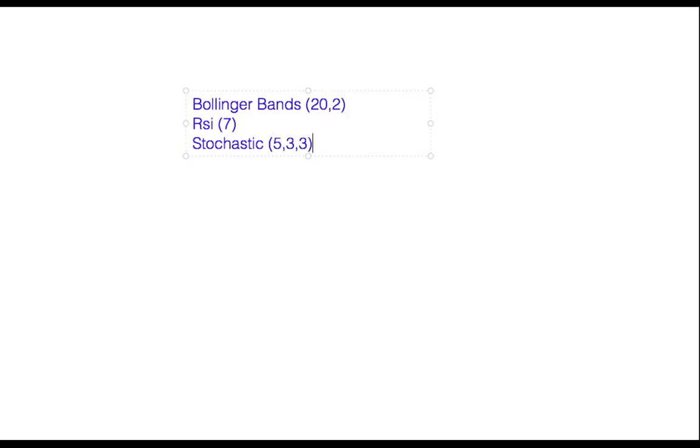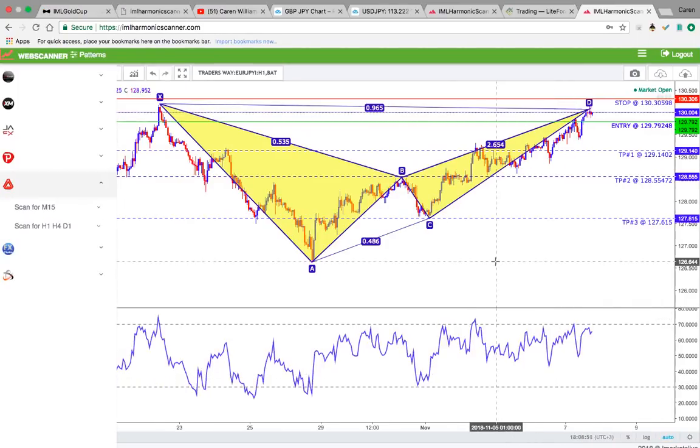Before I continue into the confirmations of the BRS strategy, let me give you a quick tutorial on how to use the harmonic scanner. I'm going to share my screen. This is the harmonic scanner; this is what it looks like.